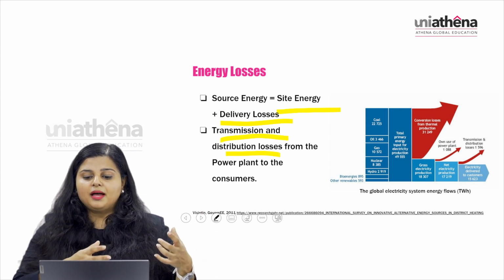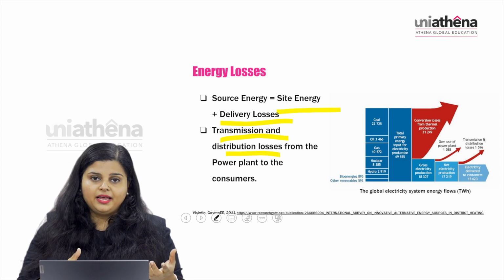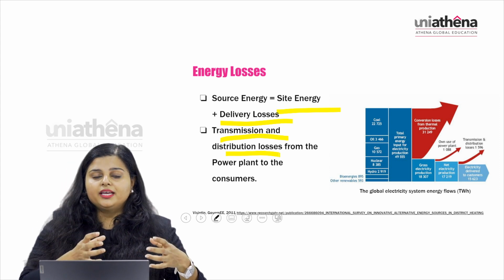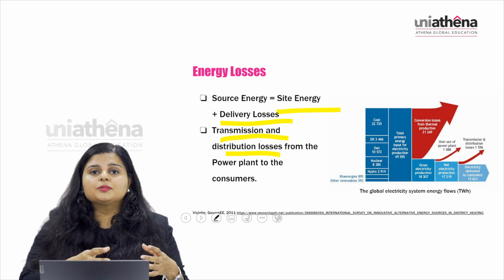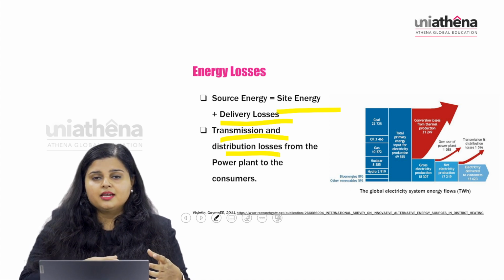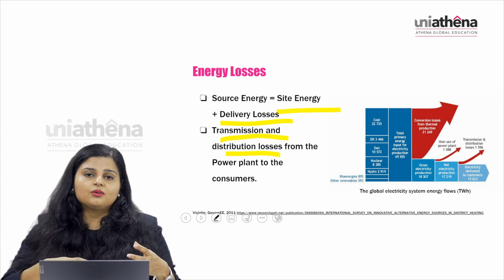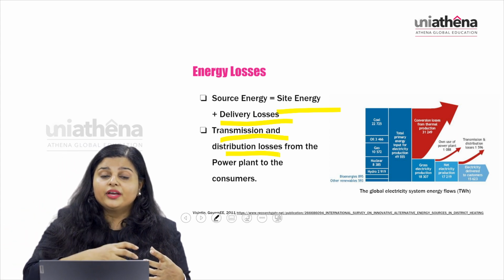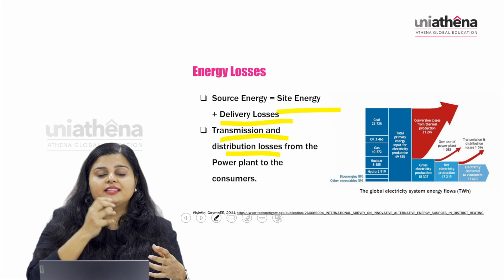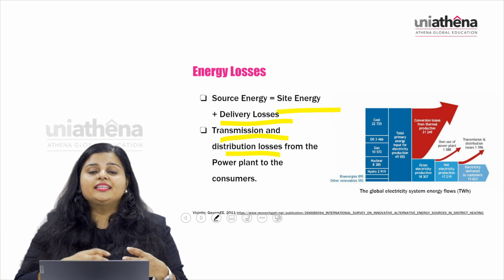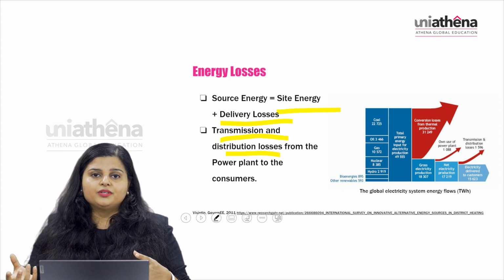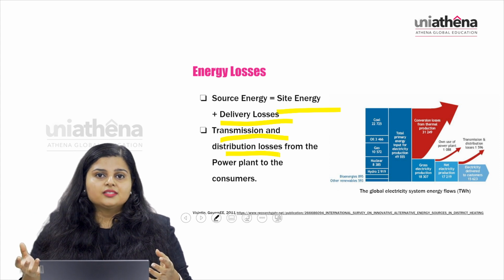So imagine the power is being produced in a power plant. That is a source of the energy, and 100% of the energy will be in that plant. However, for that energy to be used in other parts of the world or other parts of the building, it needs to be transmitted, it needs to be distributed, and there some kind of losses can happen.